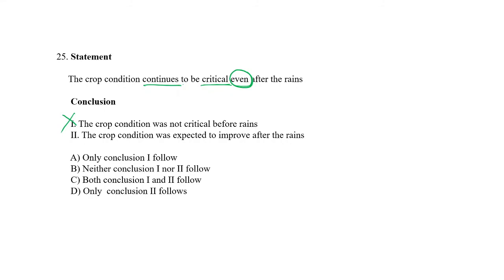The second conclusion, the crop condition was expected to improve after the rains. The crop condition was critical before rains. That's why they expected if it rains, then the crop condition will improve. So, second conclusion is true. Answer is only conclusion 2 follows.